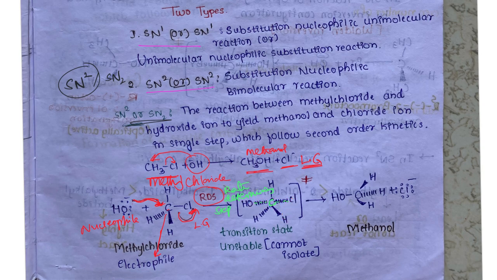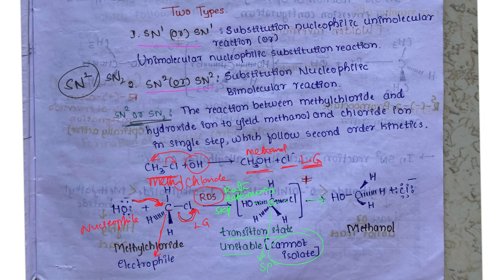Therefore, this is called an sp2 hybridized carbon, and this is the transition state. It is unstable, cannot be isolated, and is not an intermediate. It is a very high energy state, and high energy states are very unstable. Therefore, immediately it will be converted into the product.